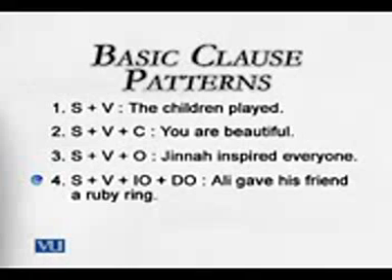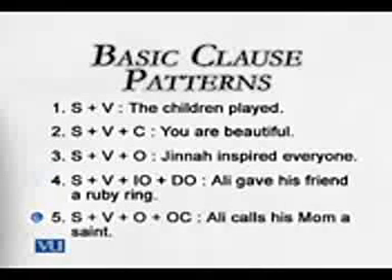So how we constructed it: Ali gave, and the indirect object comes between the verb and the direct object. Ali gave his friend a ruby ring. And the last pattern you see, S plus V plus O plus OC. Ali called his mom saint. Now S is Ali, subject, called is verb, O is his mom, and OC, as part of the object, we call it object complement, saint.